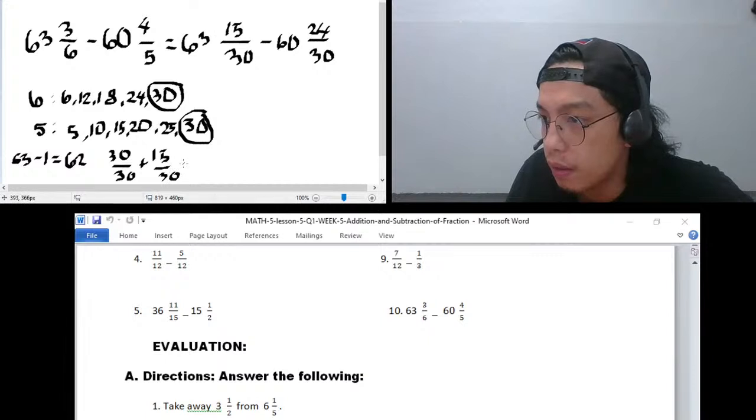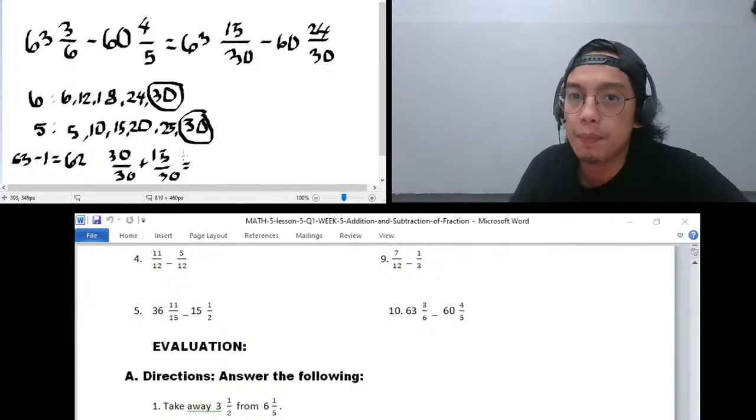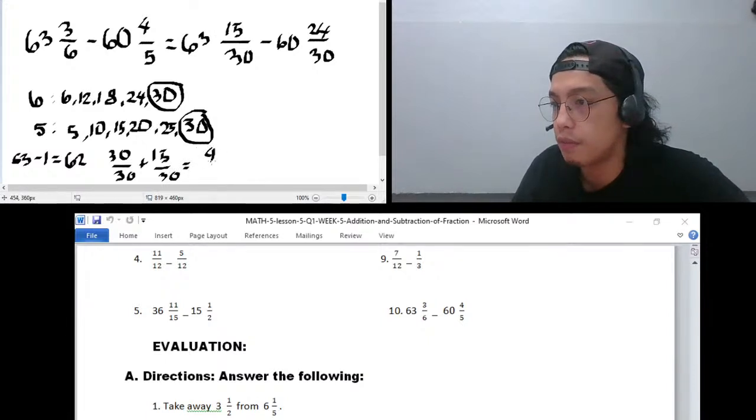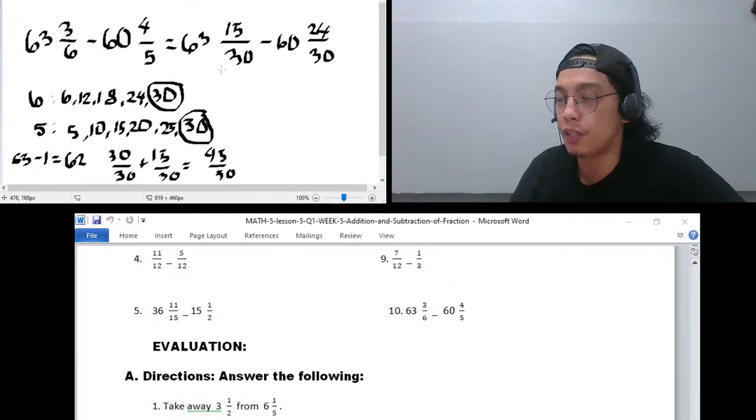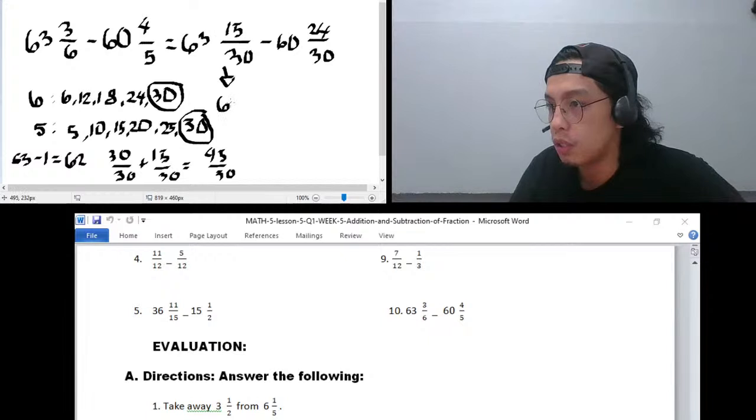So 30 over 30 plus 15 is 45 over 30. So we have 62 and 45 over 30.